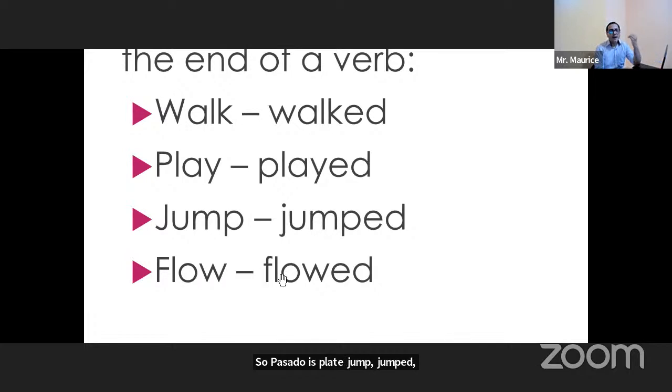Flow, flowed. La mayoría de los verbos regulares simplemente le añadimos ed. No a todos, pero sí a la gran mayoría. Estos son verbos regulares: caminar, walk, jugar, play, jump, saltar, y flow, fluir. Para transformarlos al pasado, simplemente añadimos el sufijo ed. Let's practice.